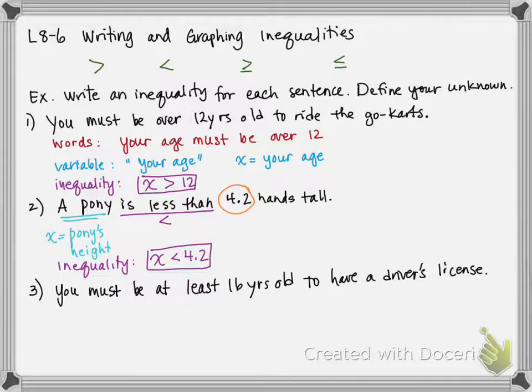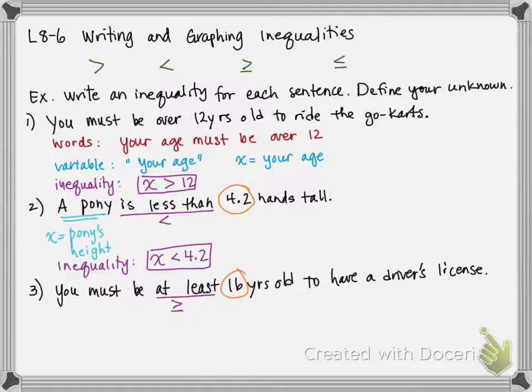I'm going to start with the inequality. At least. So that means this is the youngest you can be, but you could be older. So that's going to be greater than or equal to. The number in this problem is going to be the 16. And pretty much everything else is going to be your unknown.